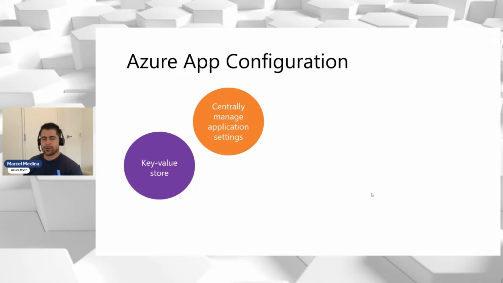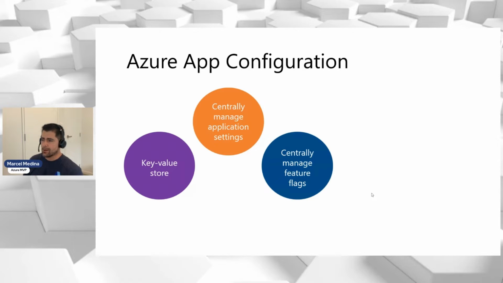We're going to approach feature flags here, but not only that, you can have application settings that you need to centralize because common applications pull those settings from App Configuration. That's important. It's a feature of the service where you can centrally manage feature flags, as we discussed on previous slides.